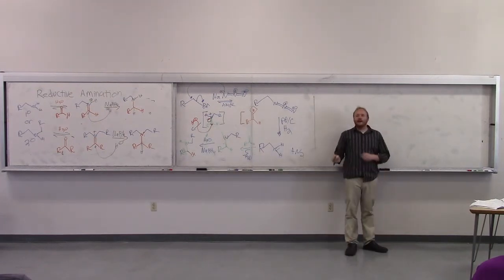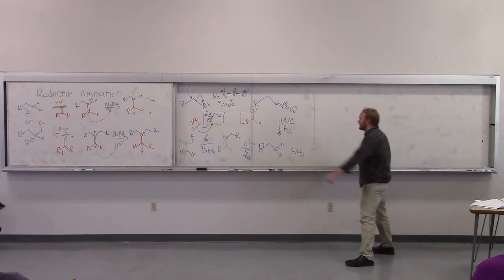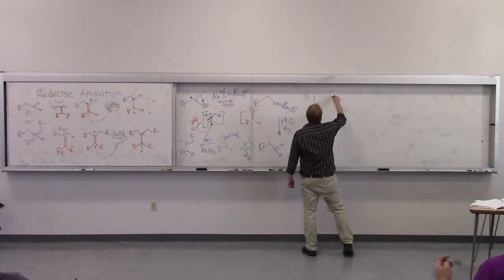There's one more way to make a primary amine that does not involve azides. This is more of an old school method, but the book talks about it, so you should be aware of it. And that is the Gabriel synthesis.